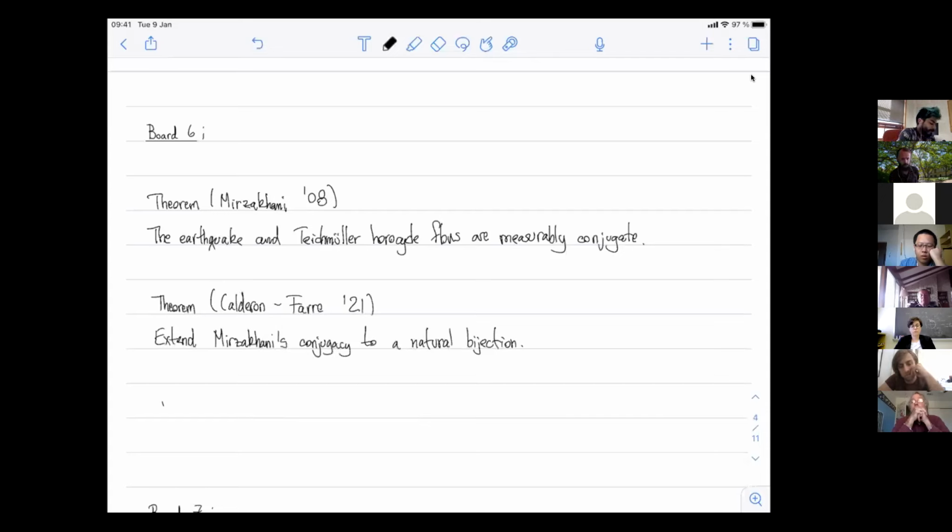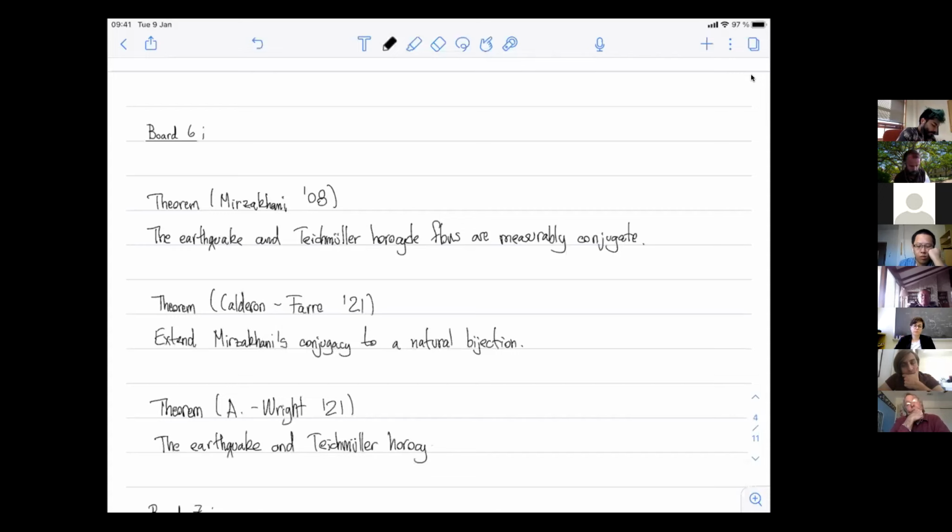And here's the theorem that I want to talk about, the theorem that's going to motivate this talk. This is a result of myself and Alex from 2021. It's that the earthquake and Teichmüller horocycle flows are not topologically conjugate.